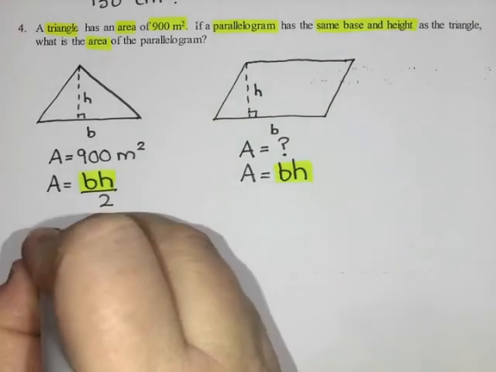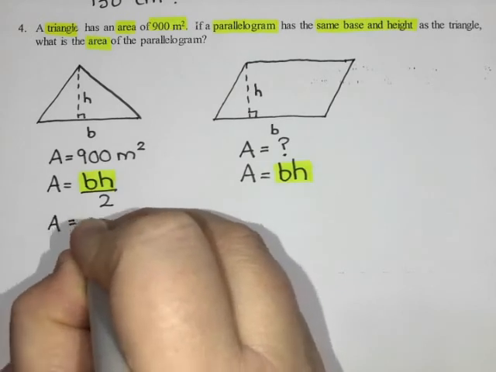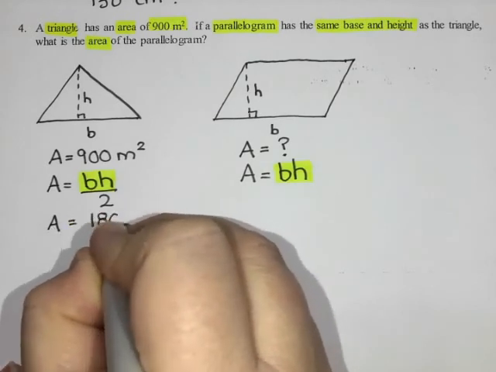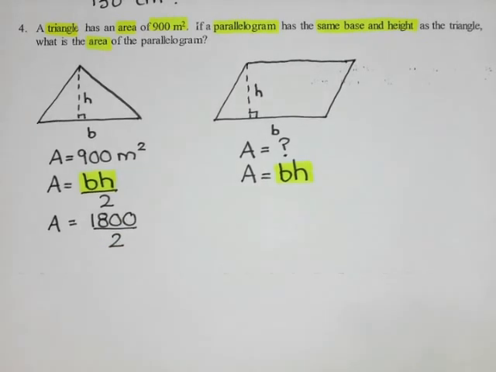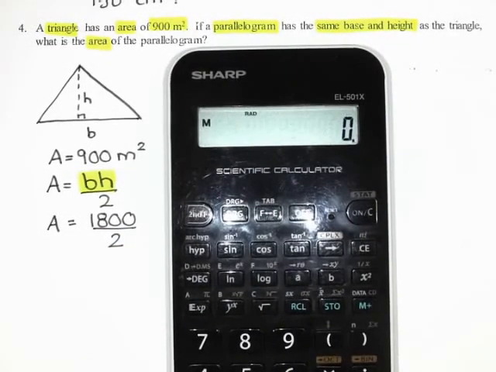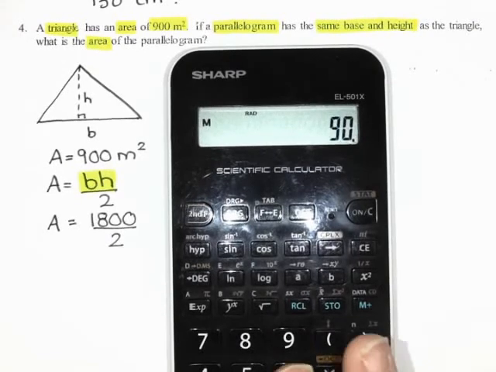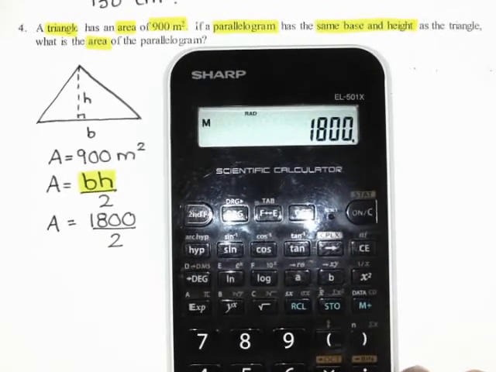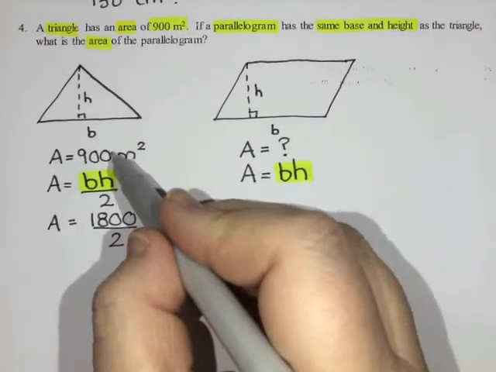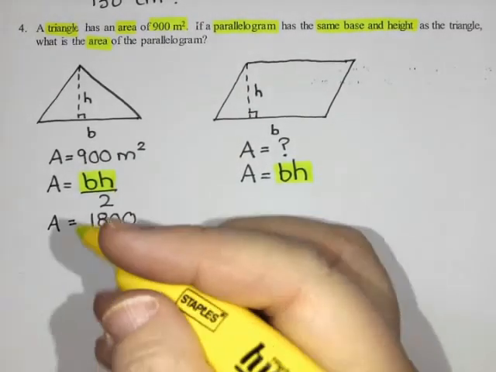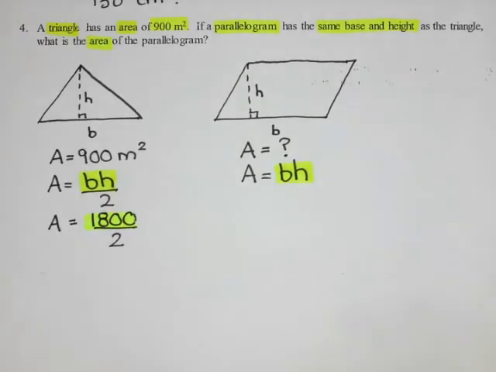So I think that 900 is 1,800 divided by 2. How did I get 1,800? Well, the opposite of dividing by 2 is multiplying by 2, so 900 times 2 is 1,800. So 1,800 divided by 2 is 900, which means base times height would be 1,800.